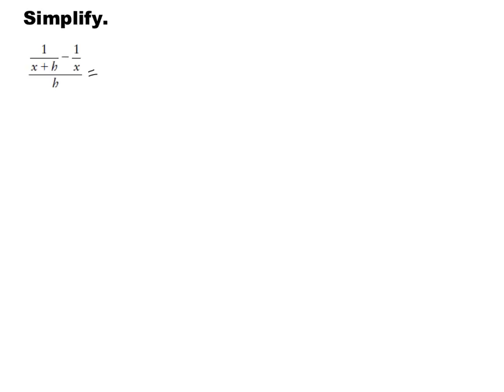So we are going to find the common denominator between 1 over x plus h and 1 over x. Obviously it's x times x plus h. Now x times x plus h divided by x plus h is going to give us x, and x times x plus h divided by x gives us x plus h, and there is a negative here, so you get negative x, negative h.